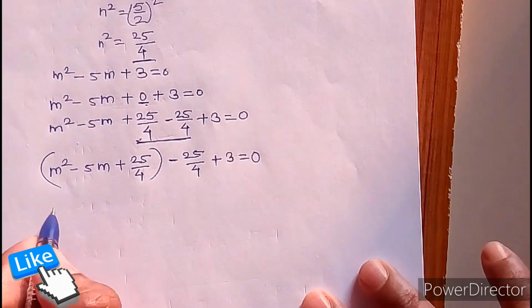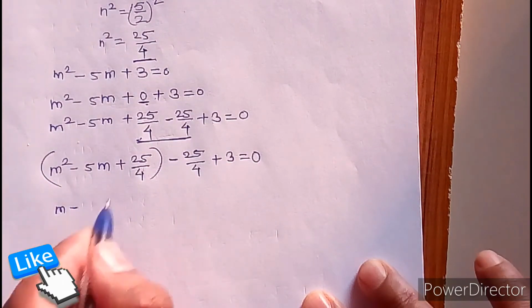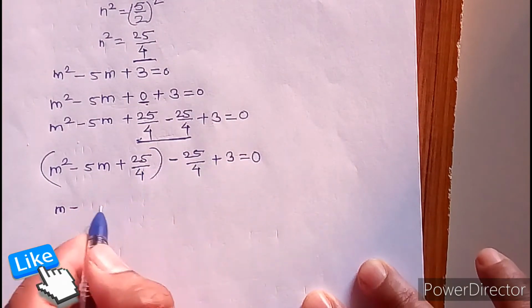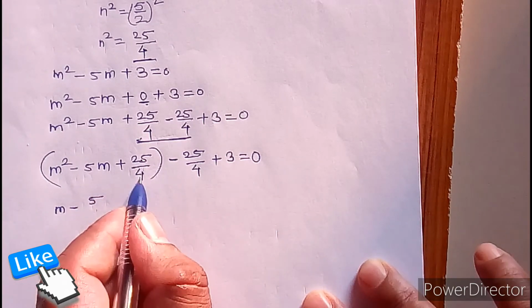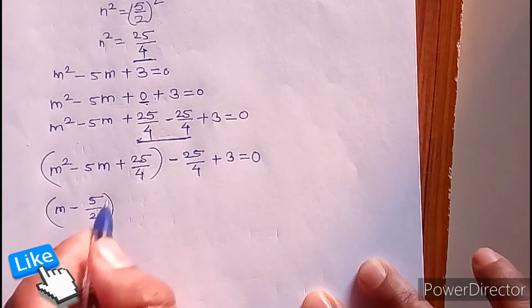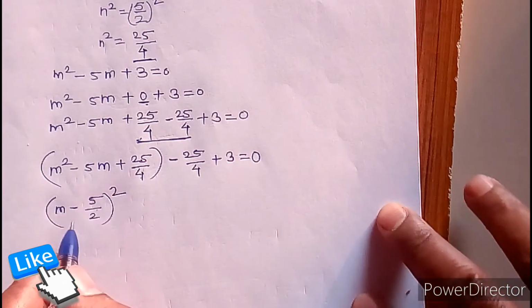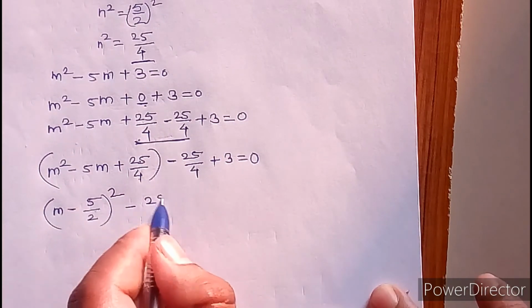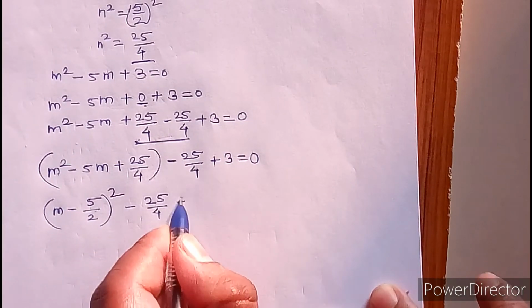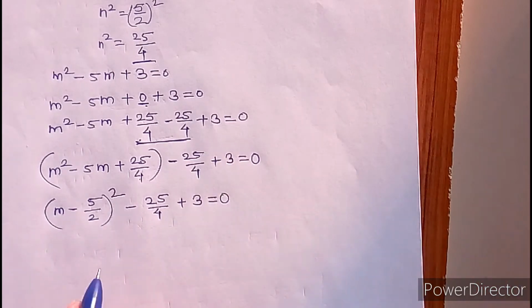Now you can see that m minus the square root of 25 is 5 and square root of 4 is 2, whole square. Now this is the expansion of m minus 5 by 2 whole square, minus 25 by 4 plus 3 equals to 0. It is as it is.